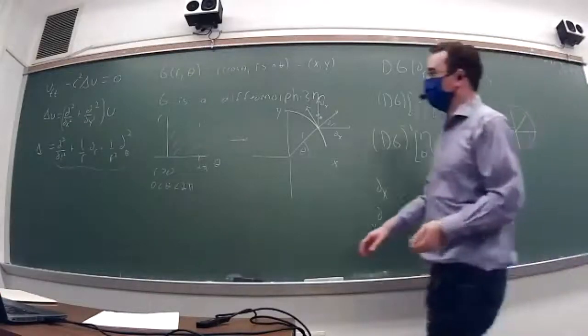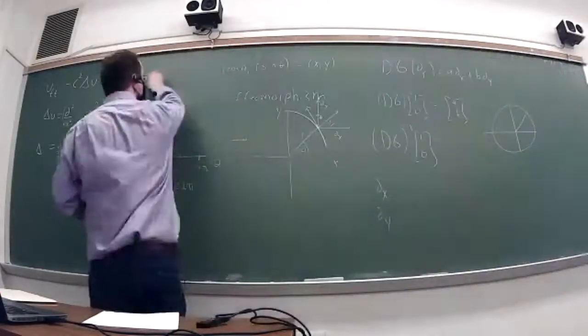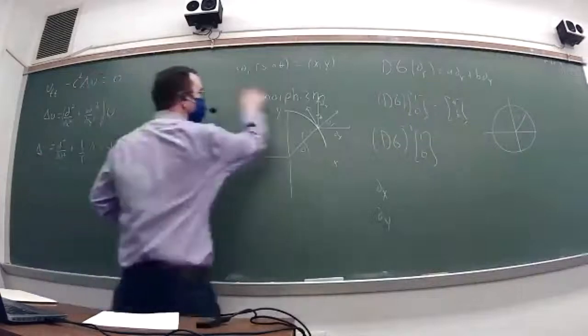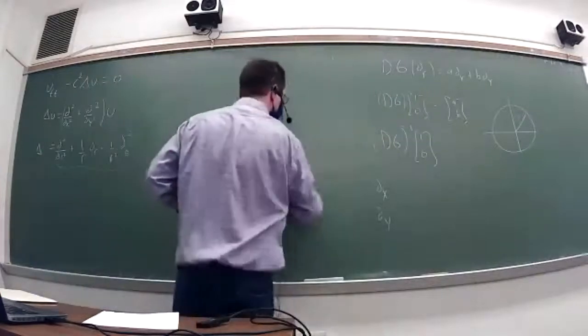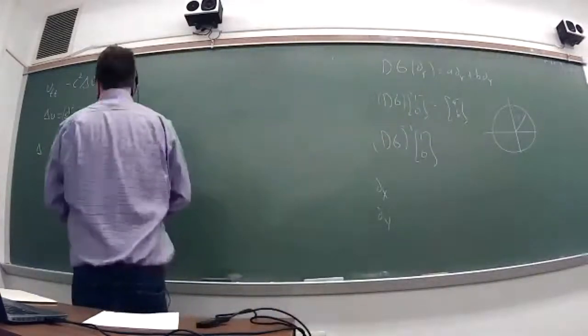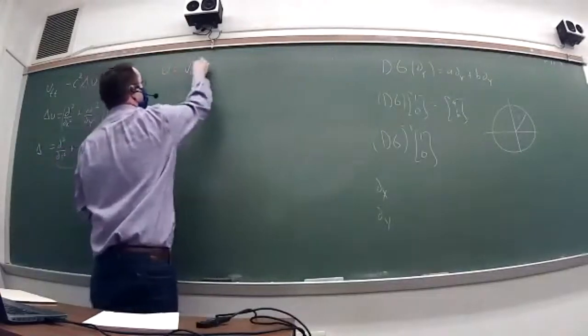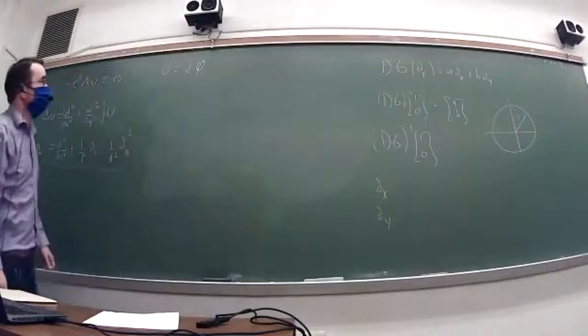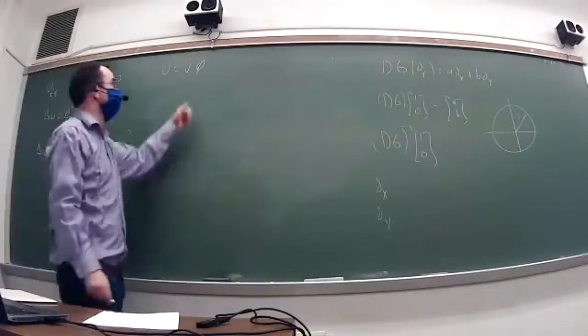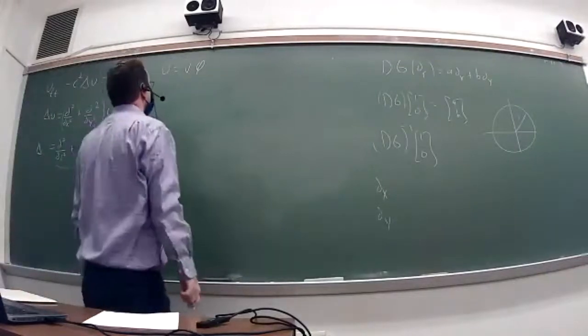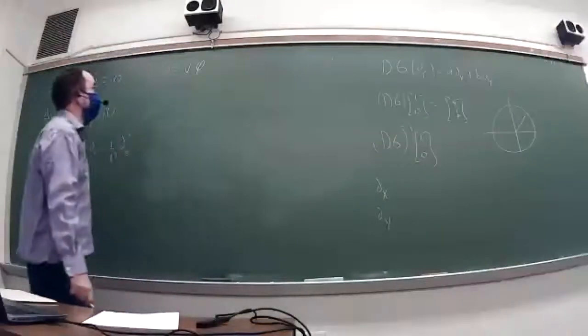So what happens? Let us write u, like before, equals v times phi. V is a function of t, and phi is now a function of the space variables.